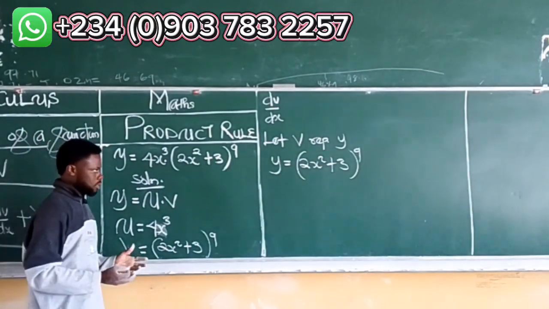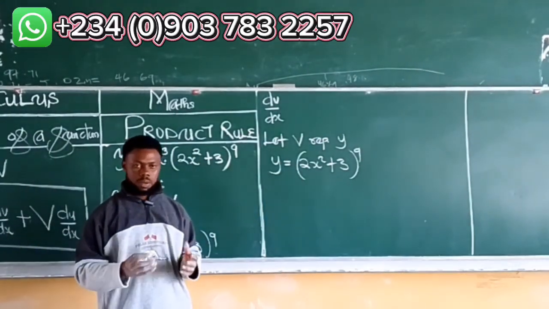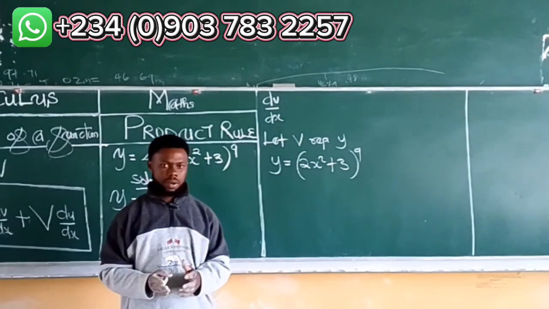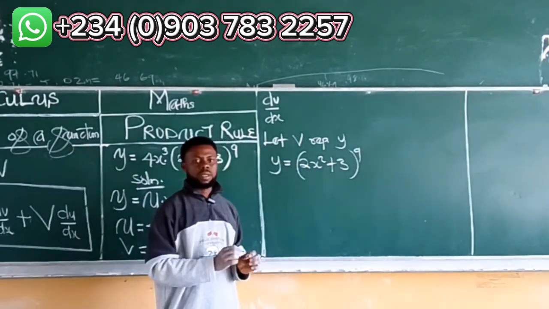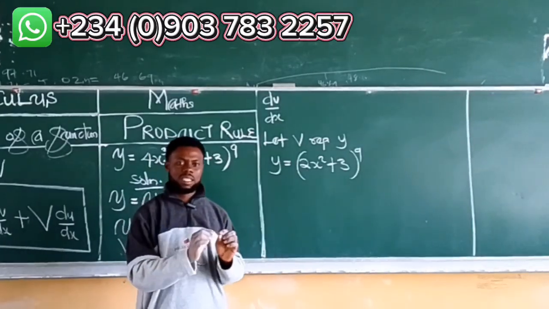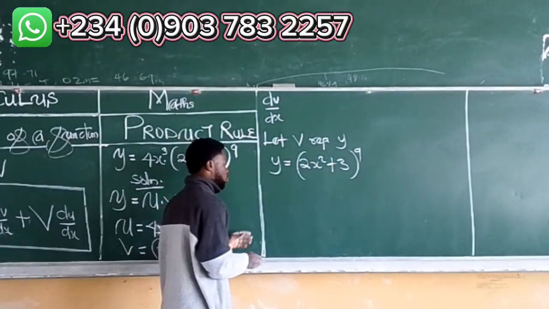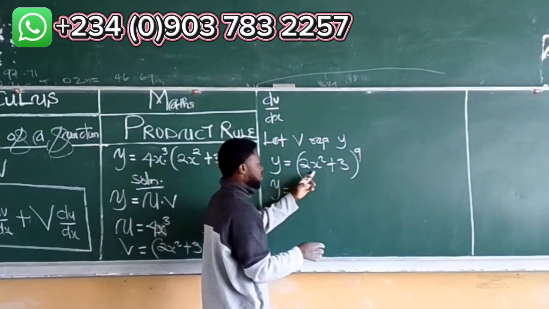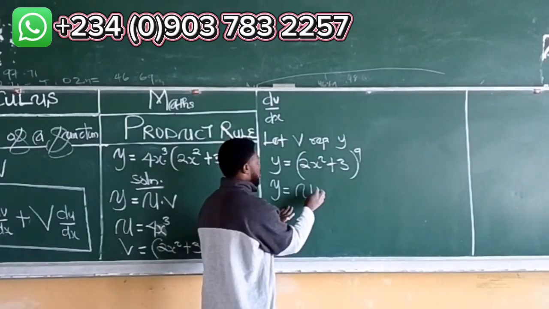Now, having known this, we can express this in terms of chain rule. One of the concepts of chain rule is that all the independent variable, that is x, the family of x, must be represented with a letter, which is capital U. So if that is so, then y will equal, this is the family of x, so it becomes u raised to the power of 9.